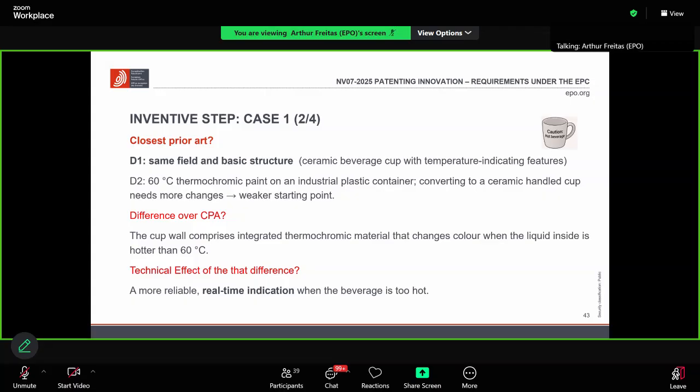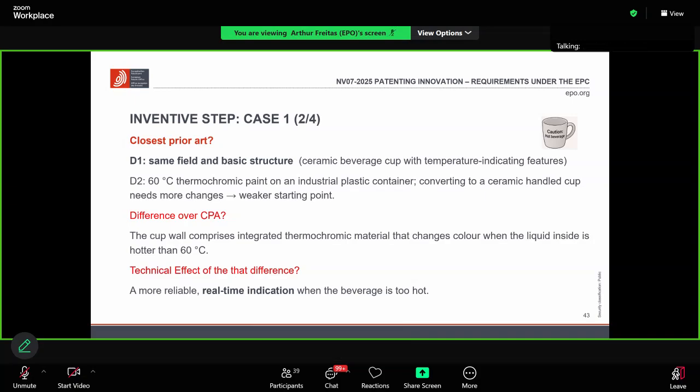Next step is: what is the difference between the closest prior art and the claimed invention? Well, the difference here is that the cup wall comprises integrated thermochromic material that changes color when the liquid inside is hotter than 60 degrees Celsius. Okay. So what is the technical effect of this difference?